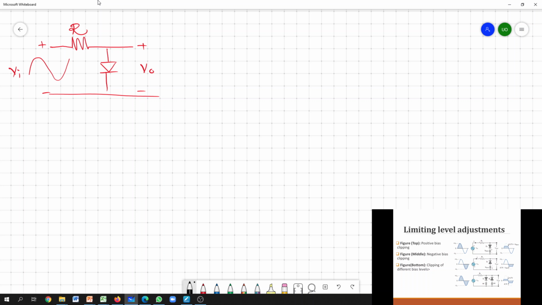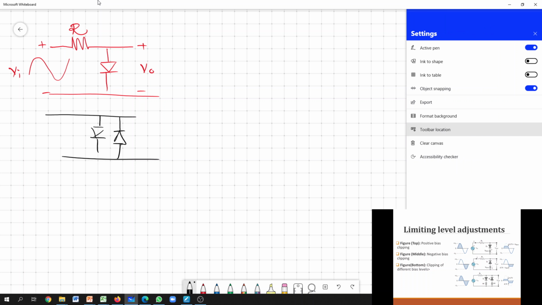And if you put this kind of arrangement, two parallel diodes with opposite orientation, we can clip both positive and negative cycles. So these are the things we discussed during the previous session.